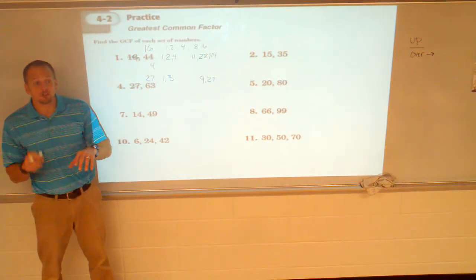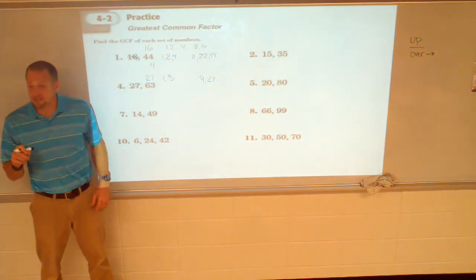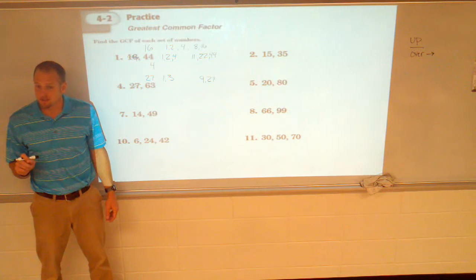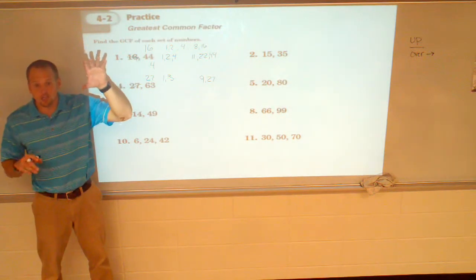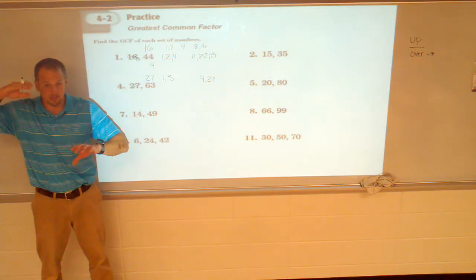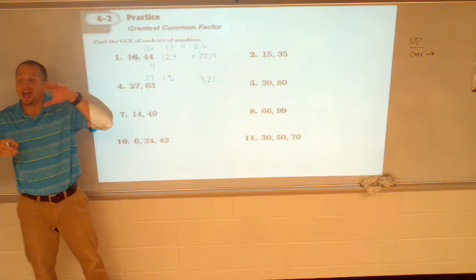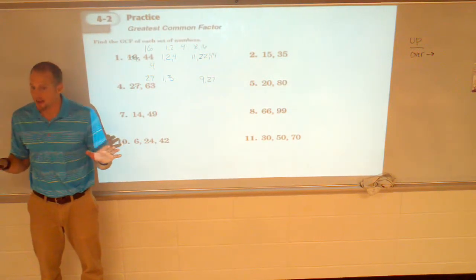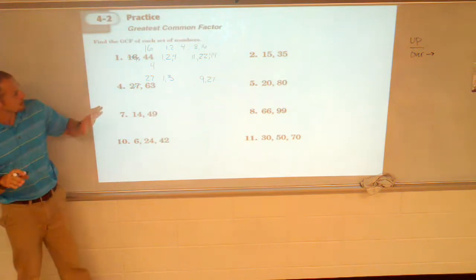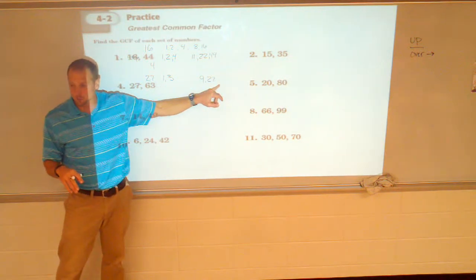Doesn't work, but our answer is still bigger than 5, right? 27 divided by 6. Doesn't work, and our answer is smaller than 6. Does everybody see what I'm talking about? As soon as that answer gets smaller, you can stop. There's no other factors to check. The factors of 27 are 1, 3, 9, and 27.